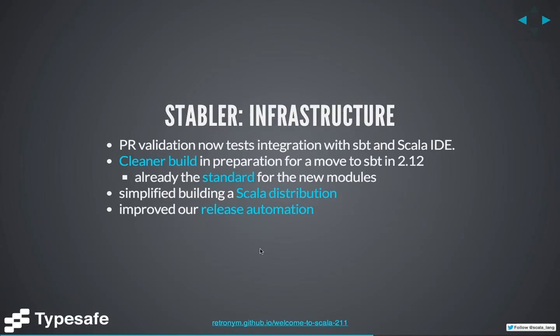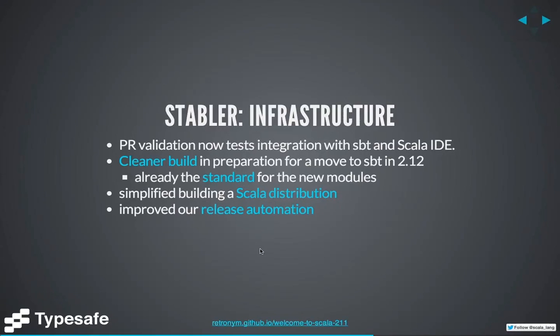We've done a lot of work to clean up our build. We still have an ant build. We're a bit retro in that respect, but after the cleanup, we're well positioned in Scala 2.12 to switch to a standard SBT build for the compiler and standard library itself. SBT is already the standard for the new Scala modules.